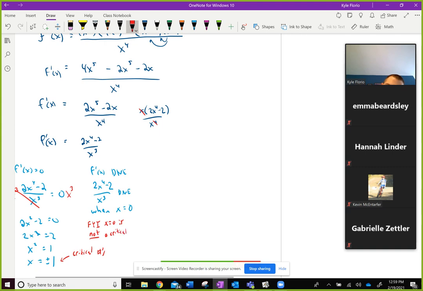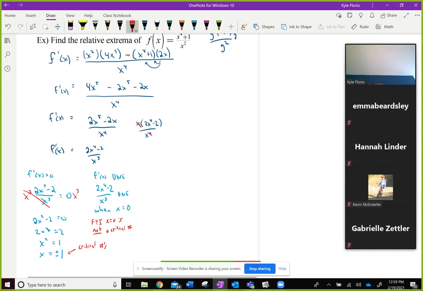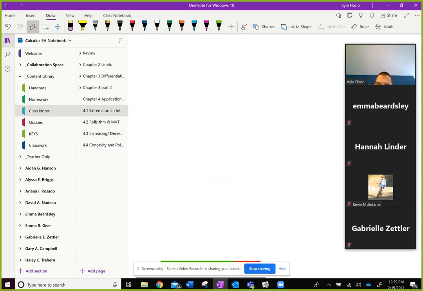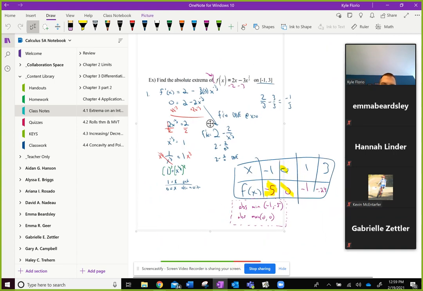That makes sense. Why is it not a critical number? Because when you take the derivative and then you set it equal to 0, it's not a solution. So let me go back to what we define to be a critical number.